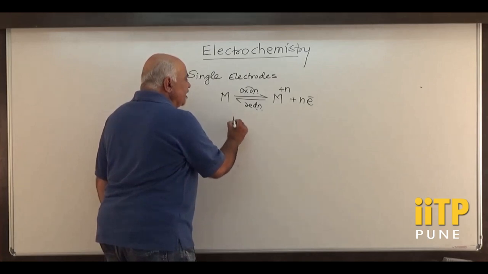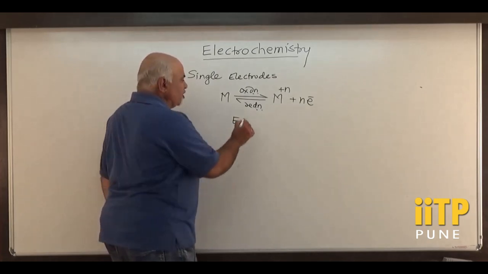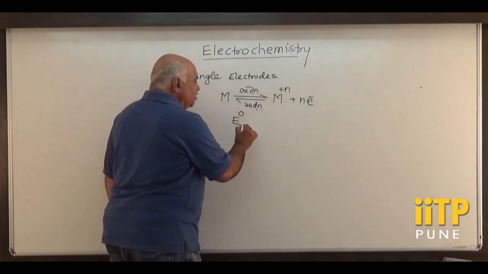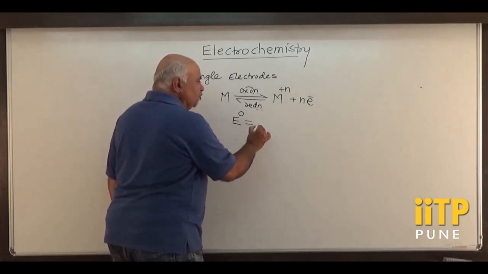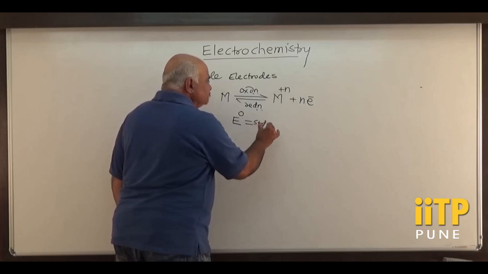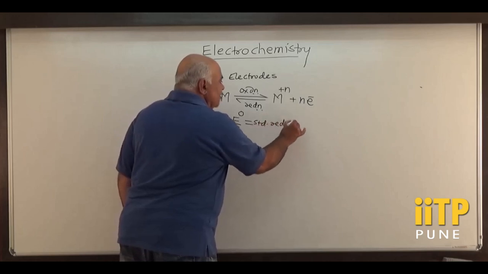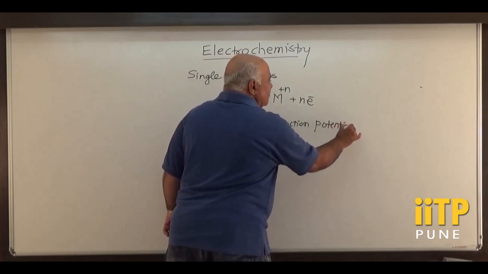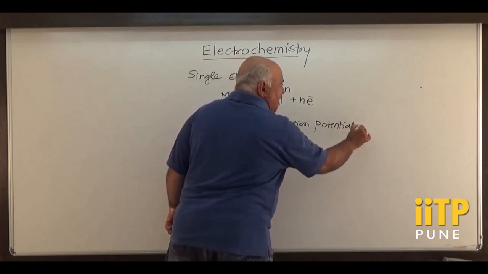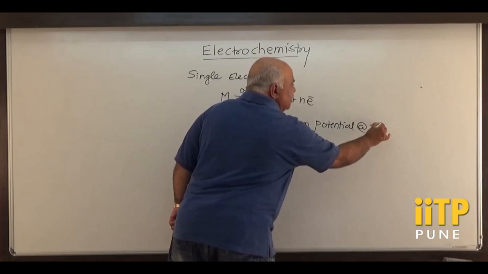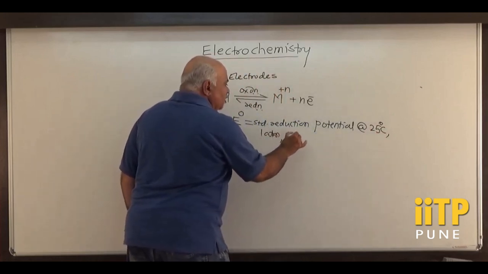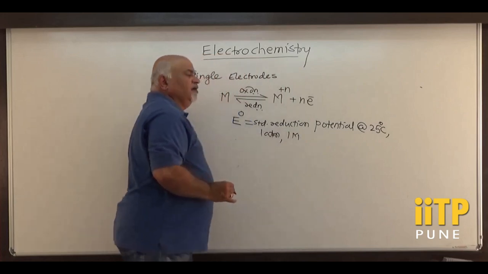So it is represented by the term E, electrode potential, and for standard condition this will be equal to standard reduction potential at 25 degrees centigrade, 1 atmospheric pressure, and 1 molar concentration of the solution.